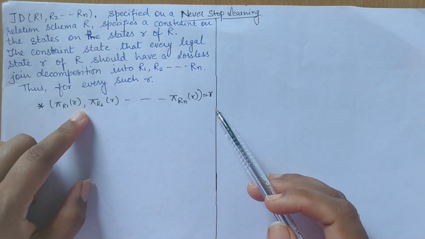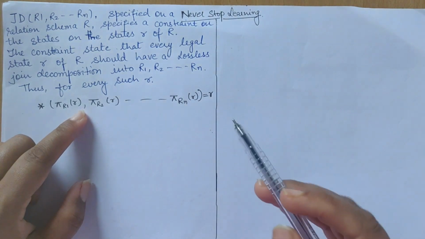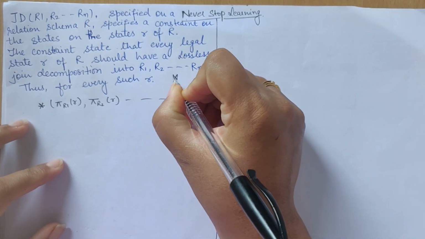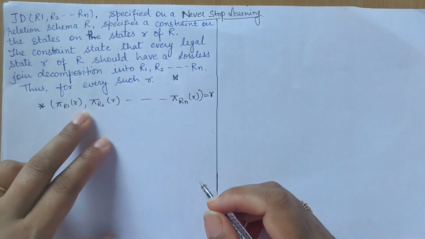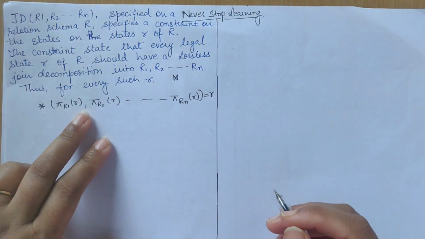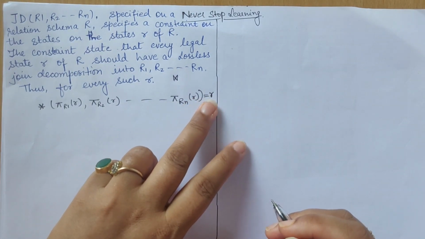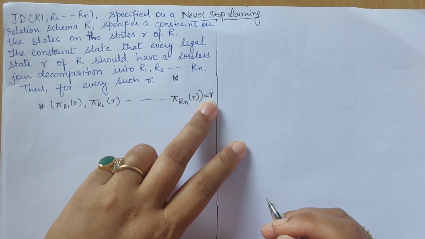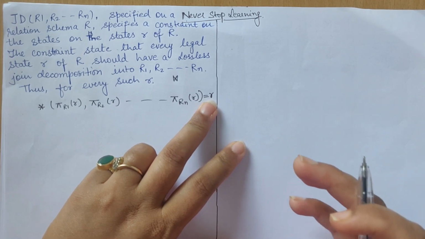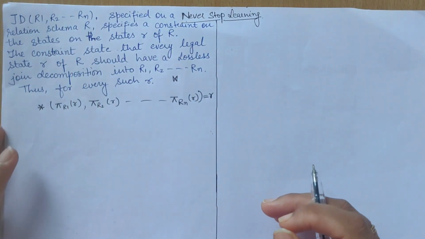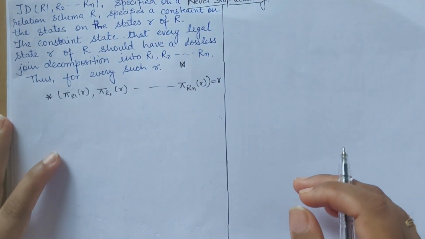For joining, you can put the sign of join which we use in relational algebra like this also, or you can put a comma also. It's one and the same thing. So we are joining all the relations and again we are getting all the constraints. So accordingly we are recreating our table capital R. So this kind of dependency is known as joint dependency.